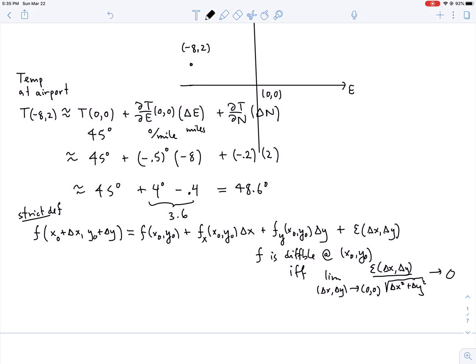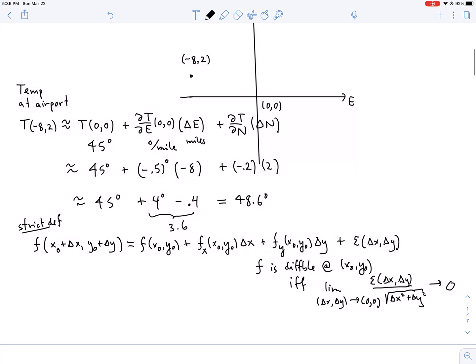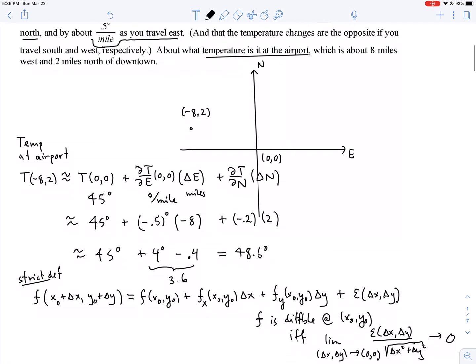So that's saying that the error is shrinking faster than the approximation terms that we get from the partial derivatives. Okay, and so hopefully that's a good review.